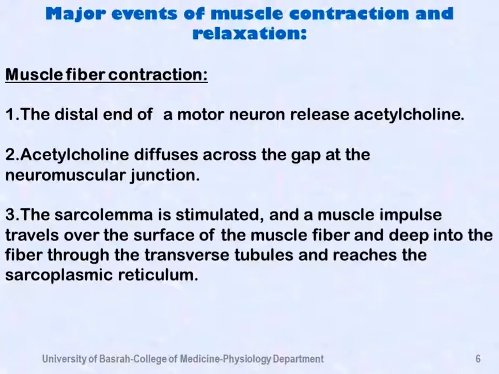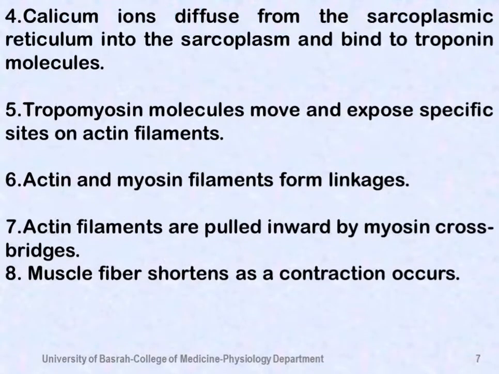The sarcolemma is stimulated, and the muscle impulse travels over the surface of the muscle fiber and passes deep into the fiber through the T tubules, or transverse tubules, and reaches the sarcoplasmic reticulum. Calcium ions diffuse from the sarcoplasmic reticulum into the sarcoplasm and bind to troponin C protein molecules.